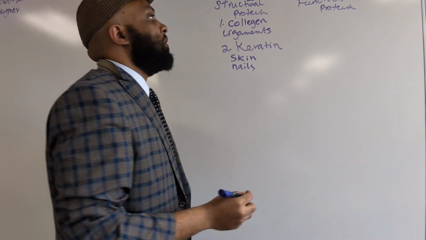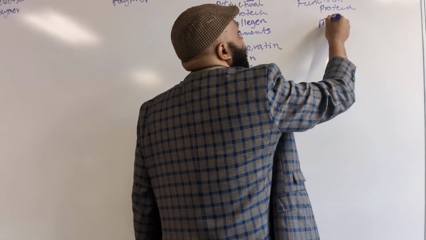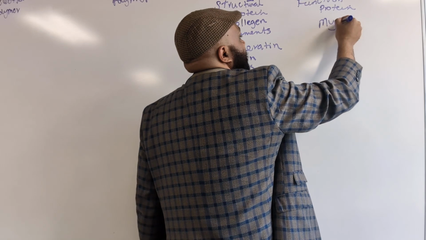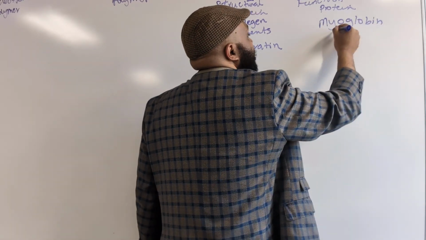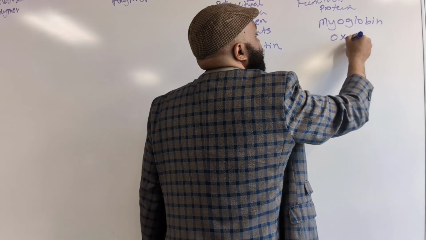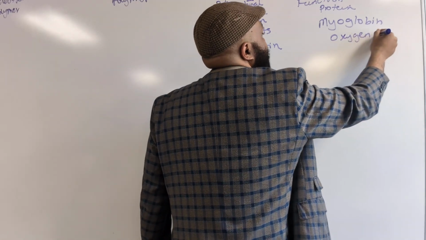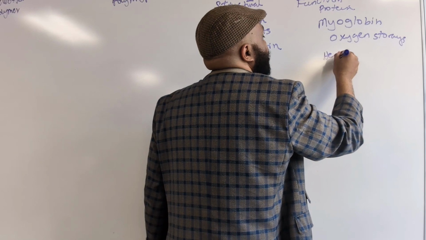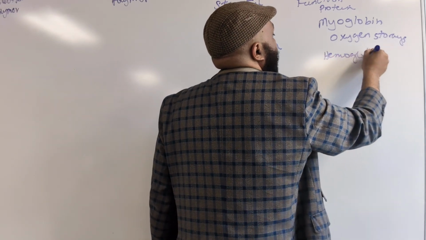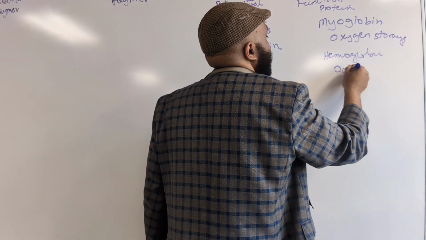An example of functional protein would be myoglobin. What's the difference between myoglobin and hemoglobin? Myoglobin is important for oxygen storage, while hemoglobin is important for oxygen delivery.